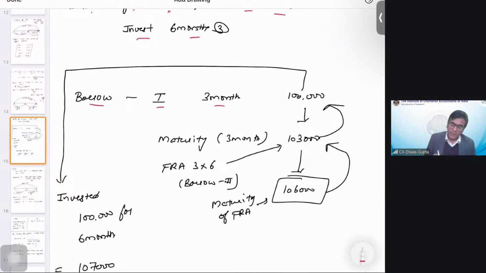So borrow for 3 months, let's say we borrowed 1 lakh rupees, and its maturity is 1 lakh 3,000 after 3 months. So this 1 lakh 3,000 becomes our FRA notional amount that we will have to borrow after the third month. And then the maturity of the FRA is 1 lakh 6,000.